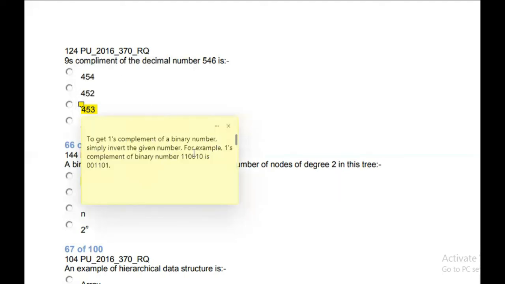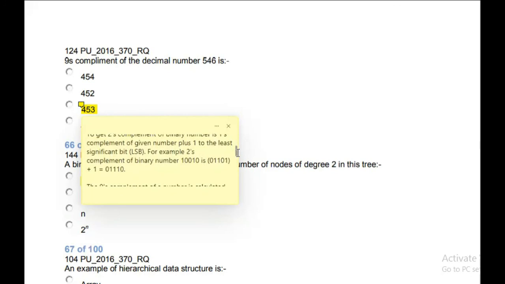To get the ones complement of a binary number, simply invert the given number. For example, ones complement of binary number 110010 is 001101. Let's change 1 to 0 and 0 to 1.